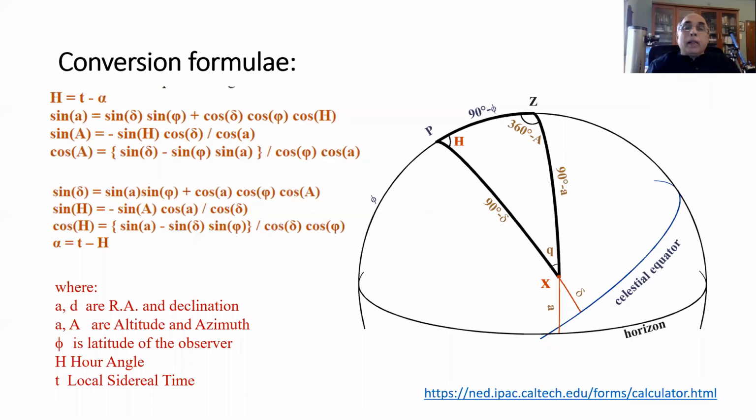Okay, so here are some conversion formulae. I would encourage people who are interested in doing a little bit of simple mathematics to form these spherical triangles and find relations between them. What we have here are relations which convert from right ascension, declination to altitude, azimuth.